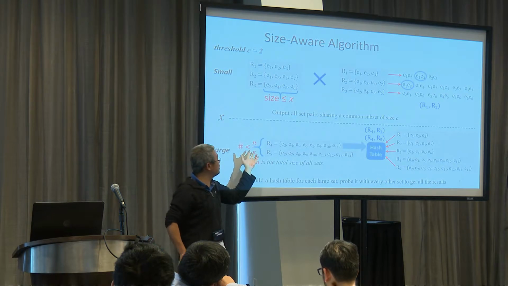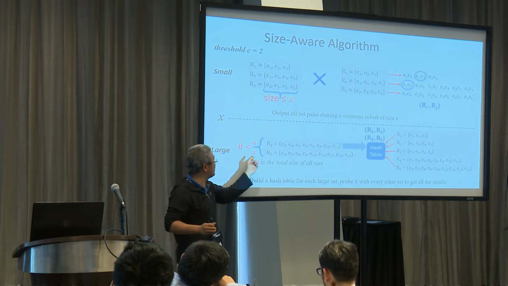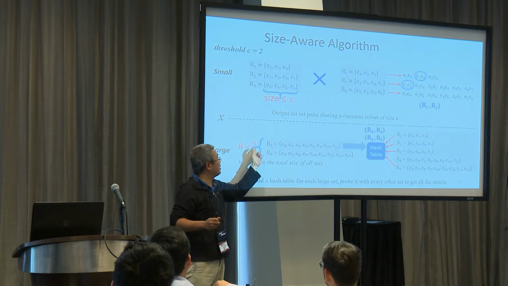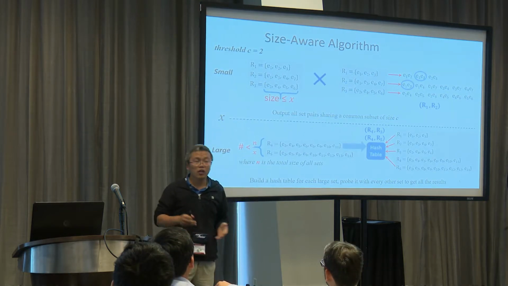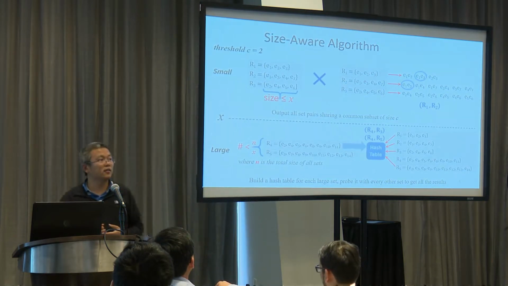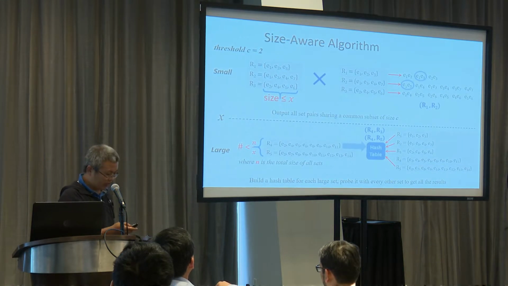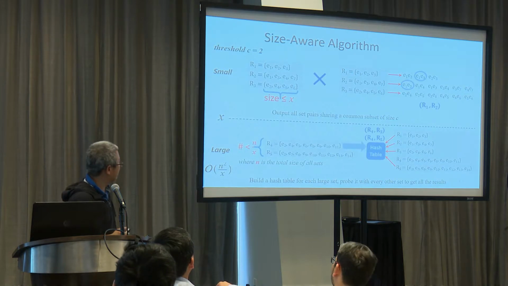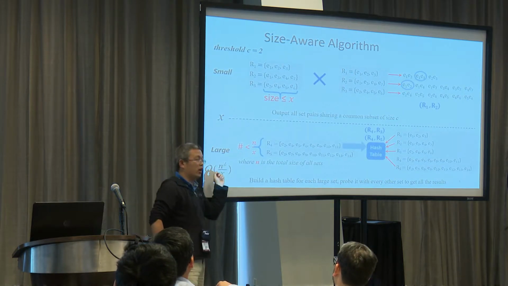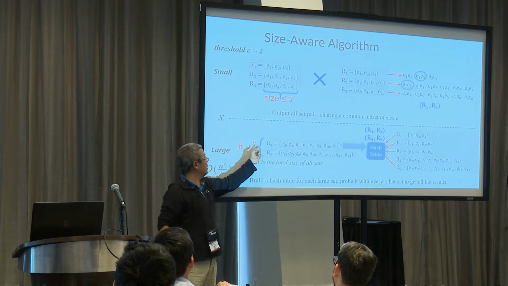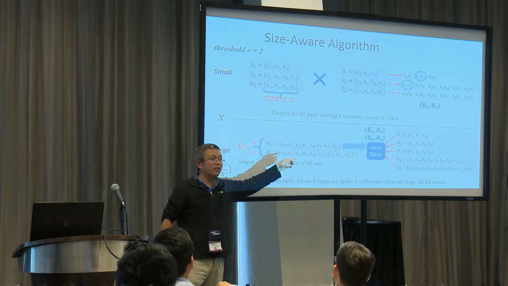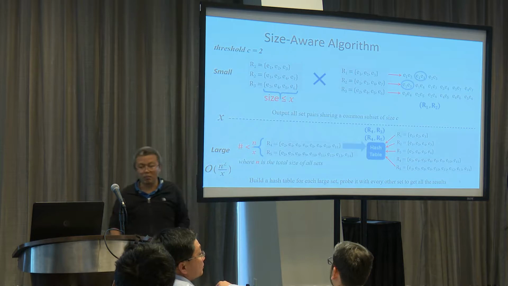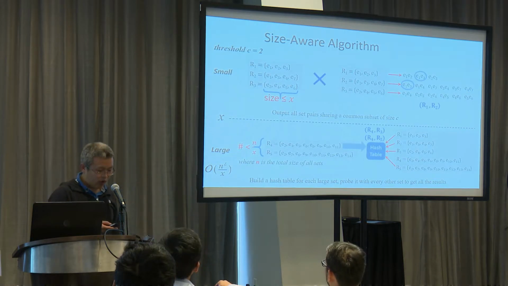Because if the number of large sets were larger than this number, the total size of all sets would be larger than n, where n is the total size of all sets. So the complexity of the large sets is n squared over x, because the number of large sets is n over x, and we just need to enumerate all the sets, which adds another n. So the complexity is n squared over x.